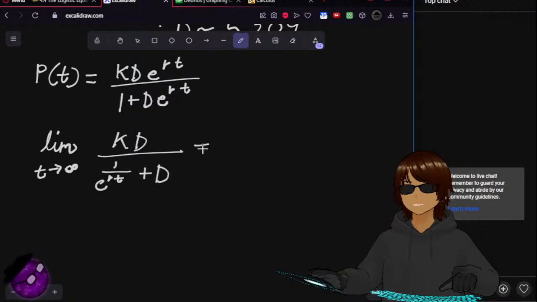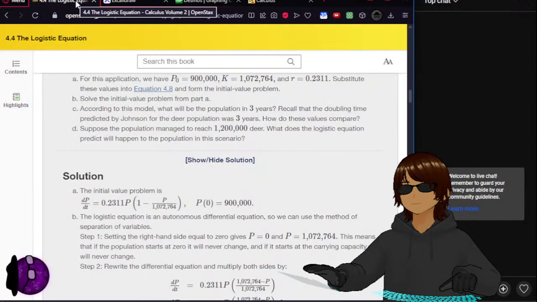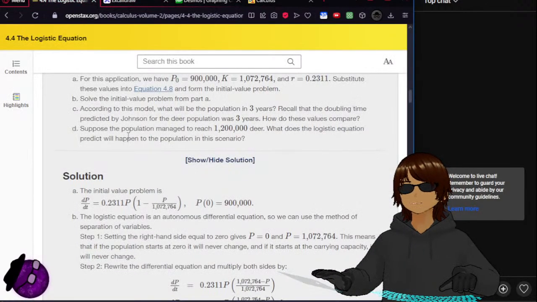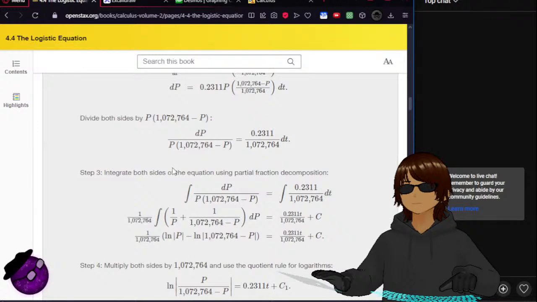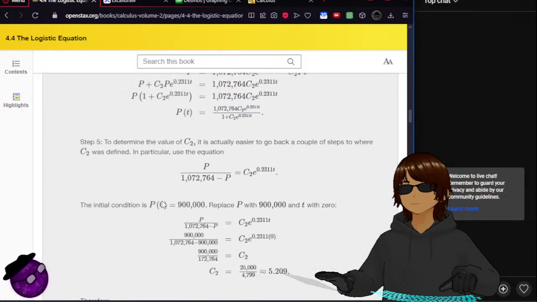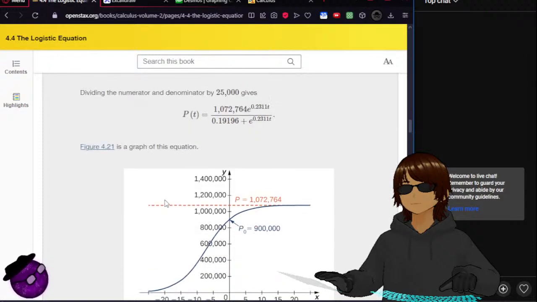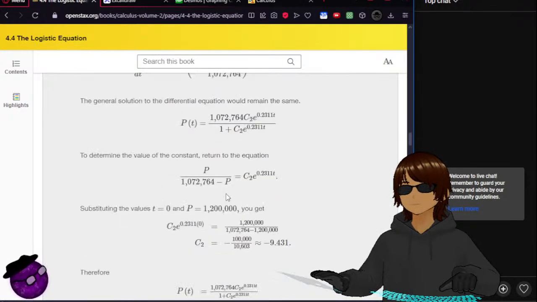As t goes to infinity, this part reaches 0, and this part reaches 0. Then d divided by d, and we reach k. Oh yeah, that makes sense. K is defined like that. I don't know why I was calculating. So this is the upper limit. If the population is too high, it will go back to this maximum limit.